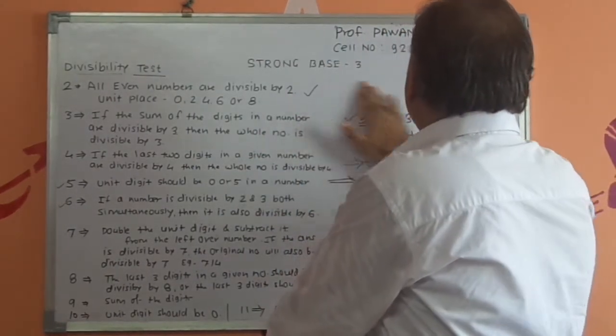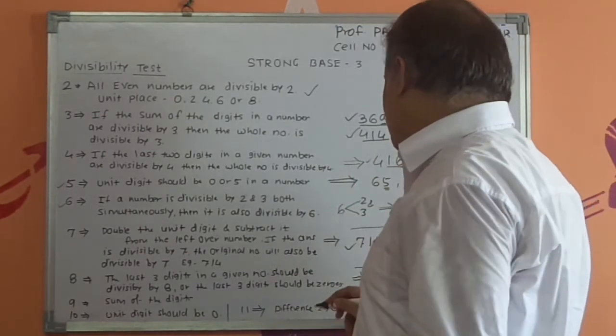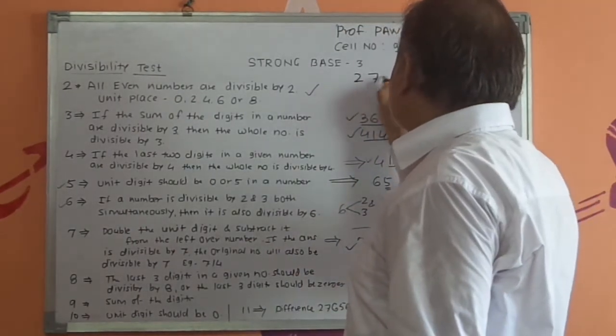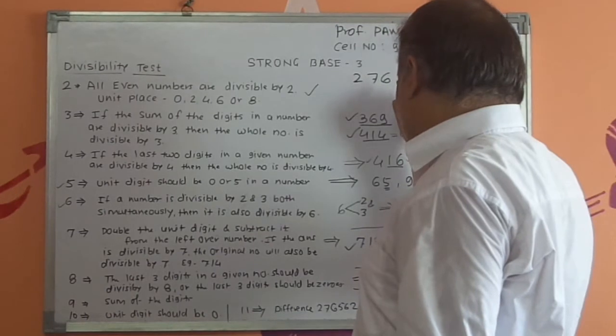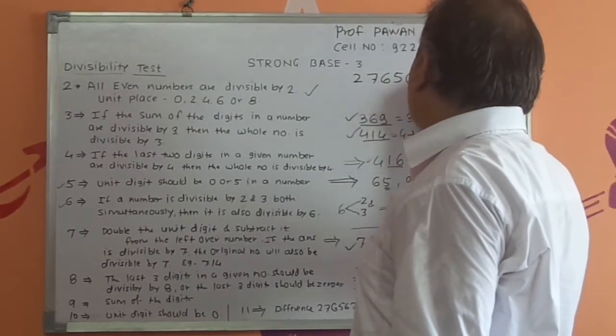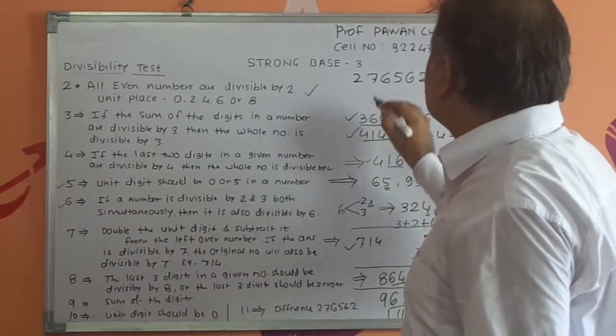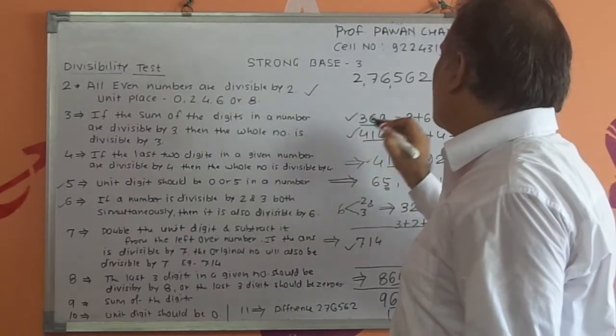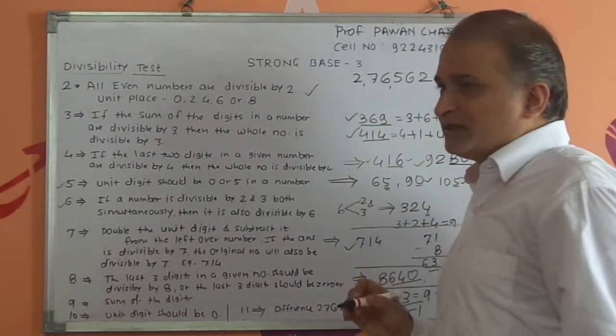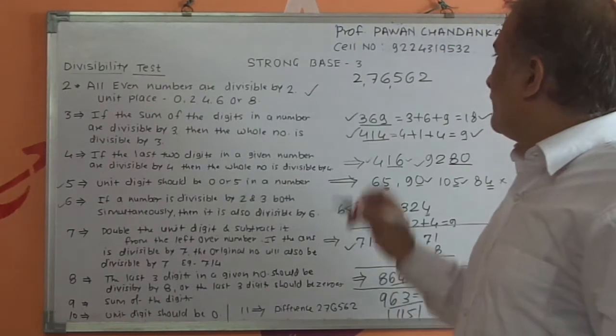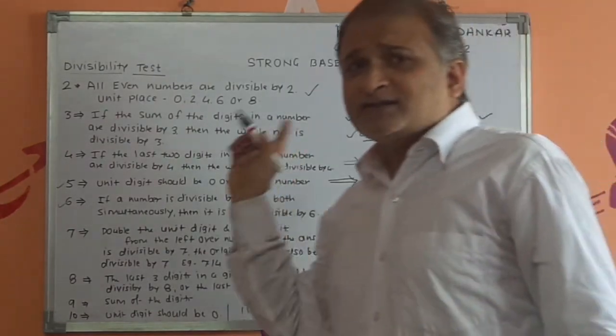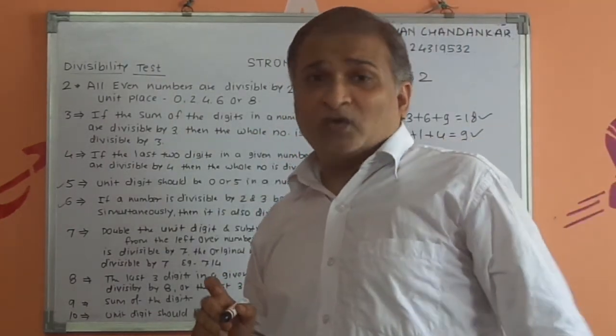Look at this example. The example is 2,76,562. Now, let us see, is this number divisible by 11 or not? How will we decide?